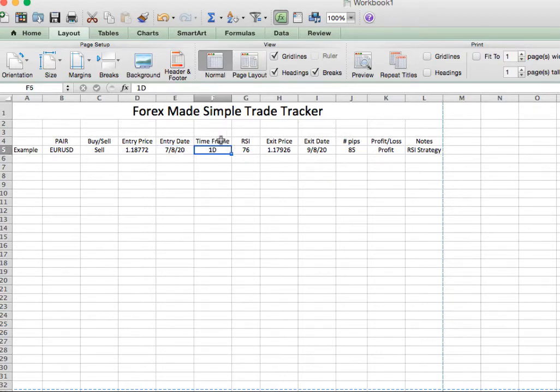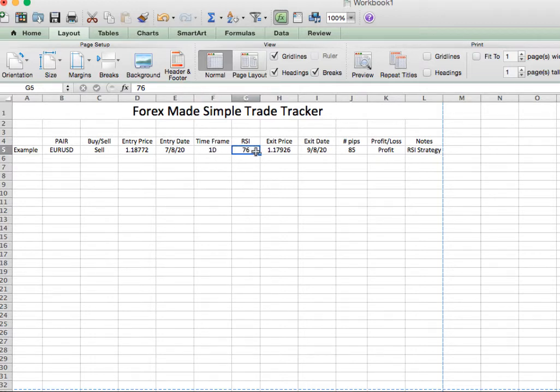Time frame. So what time frame were you analyzing that was the main reason that you got into that trade? So for me, on that day, it was based on what I was seeing on the 1 day chart. If that was the 4 hour, then you type in 4H for 4 hour, okay? Or 1 hour, etc. So you always enter the time frame there.